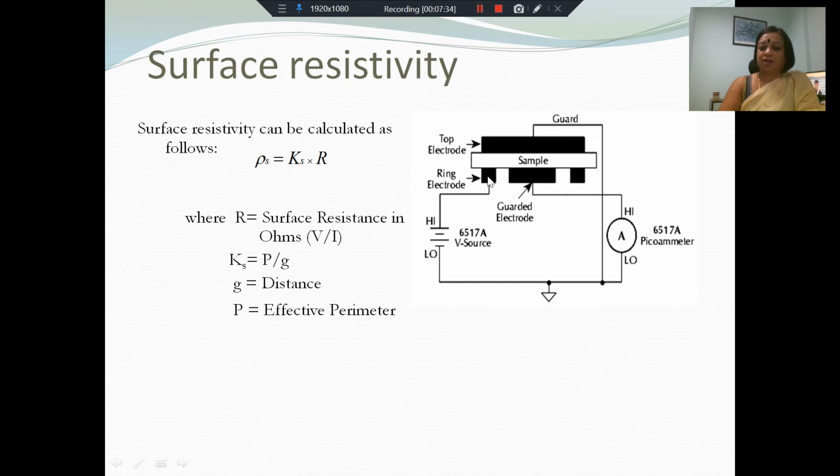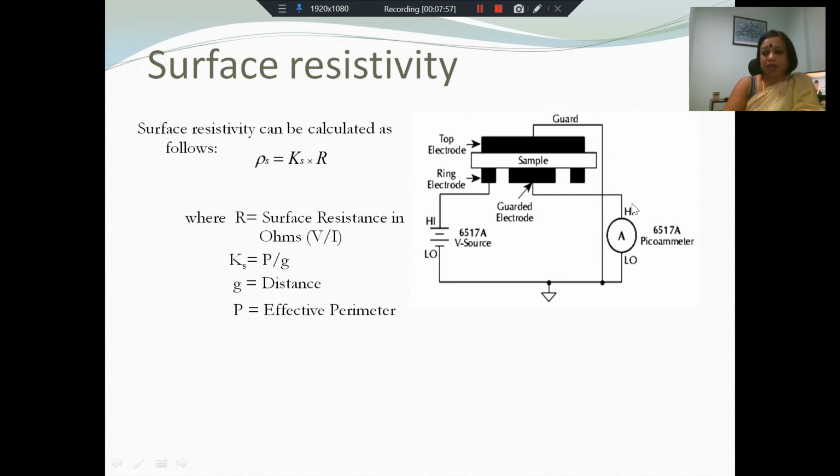This guard electrode and the guarded electrode are at different potentials, the high voltage and the low voltage ends of the source, and therefore, depending upon the potential difference between the two, there should be a current flowing from the ring electrode to the inner electrode. And this will be governed by the surface resistivity of the material.